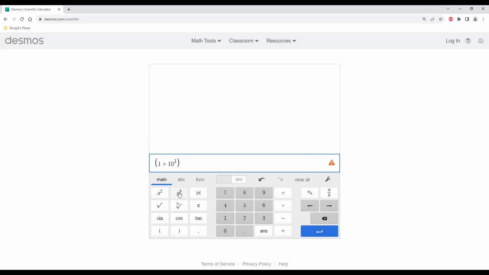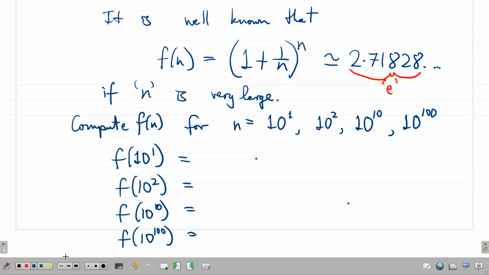Let's see what we get. We get about 2.5937. Let me put this into my list here. It's kind of close to e, but it's still quite a bit of a way off being equal to e.